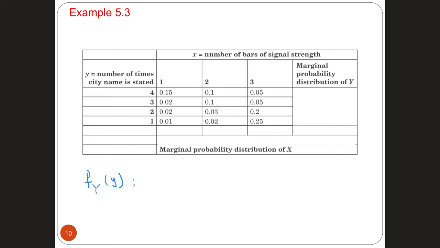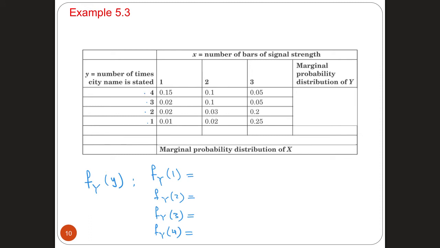What's fy of y? I want to get fy of 1, fy of 2, fy of 3, fy of 4, because these are the possible values of y. Y can take which values? Y can take the value 1 or 2 or 3 or 4, right?